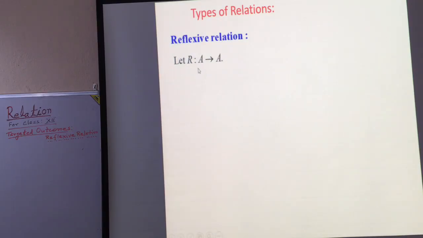Let R be a relation on A. We know a relation from A to A is called a relation on A. Means reflexive relation is defined only when relation is from same set to same set.